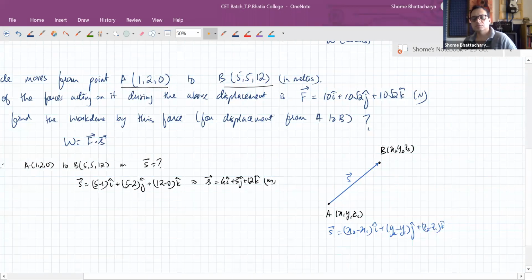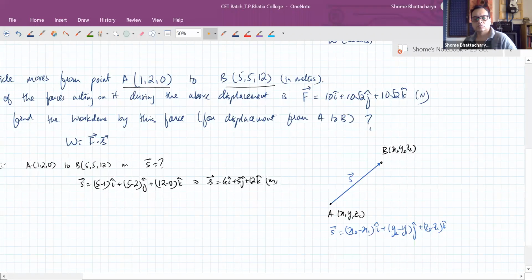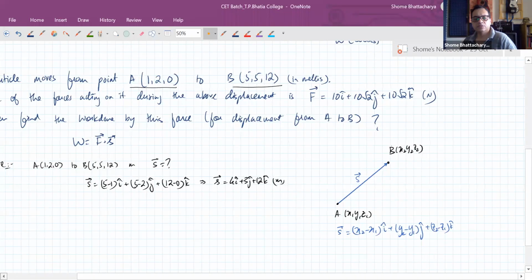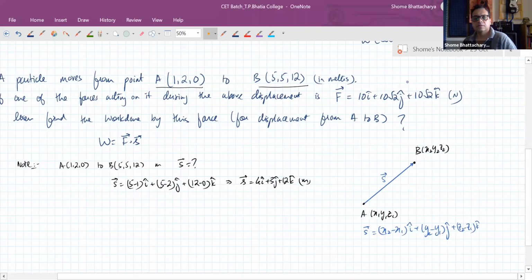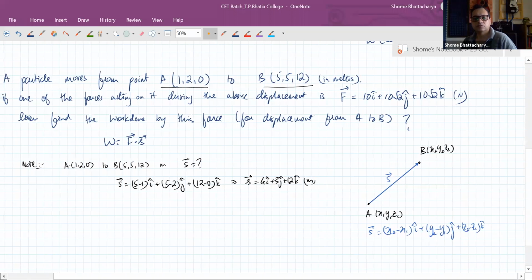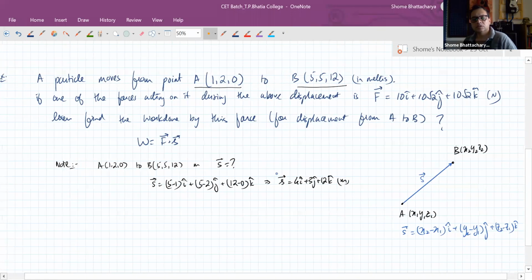So this is the concept that we are using here. And once you got that, rest of it you can see is just application of definition of dot product. Okay. So this is the displacement.